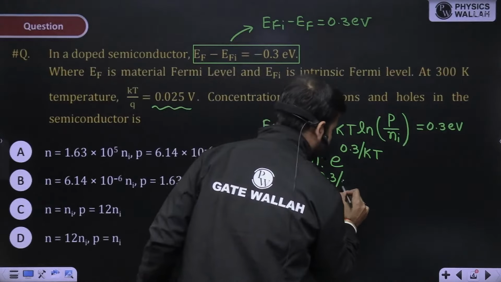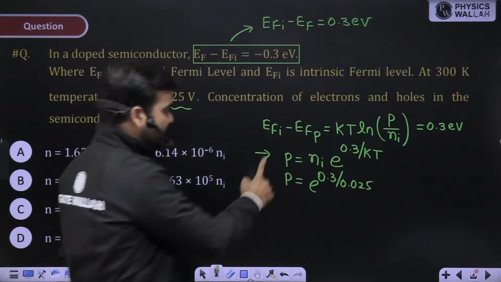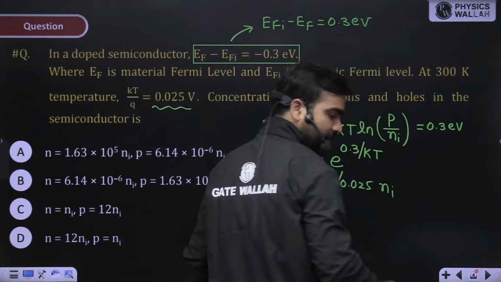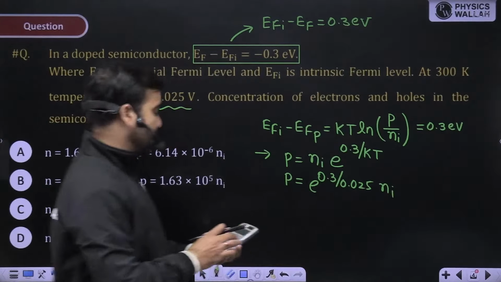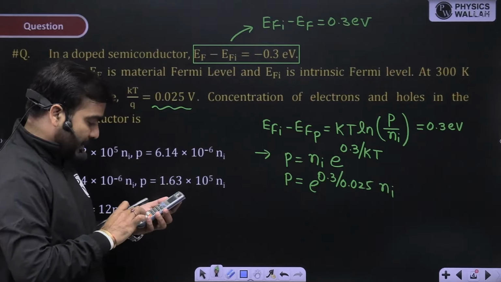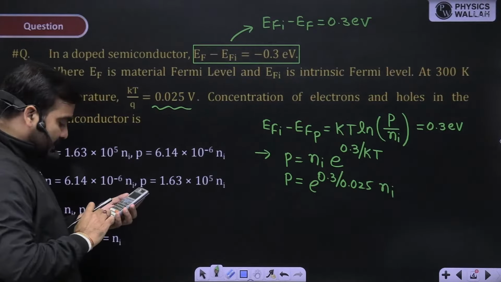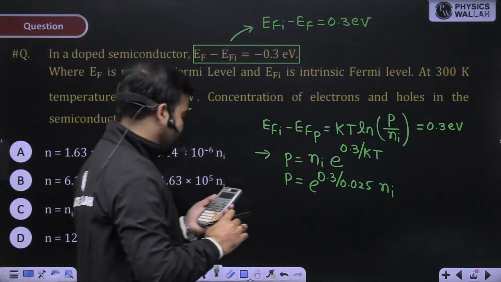Let me solve it using the calculator: e to the power of 0.3 divided by 0.025, and this value is 162754.